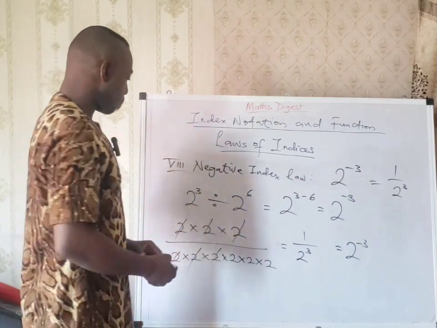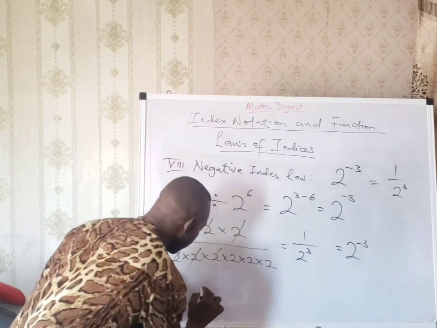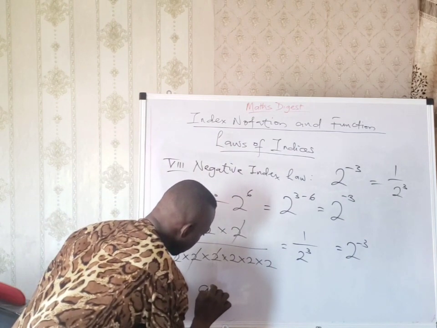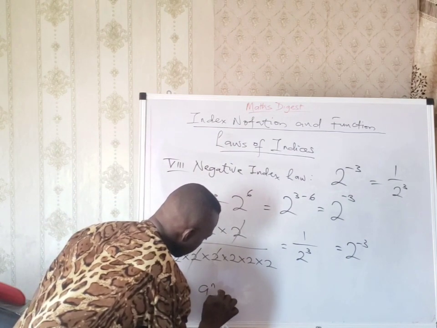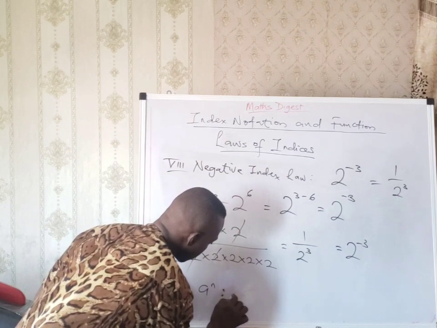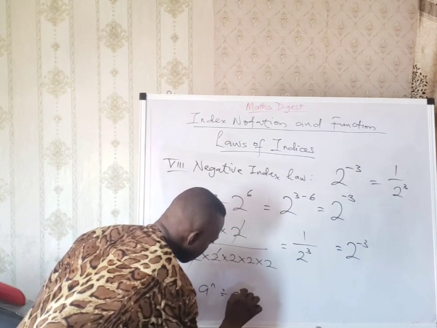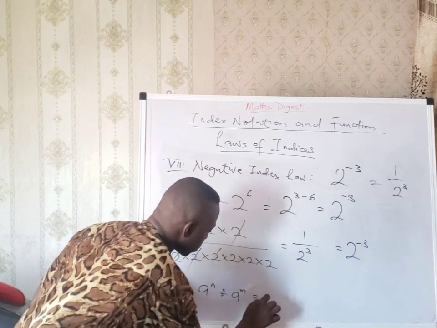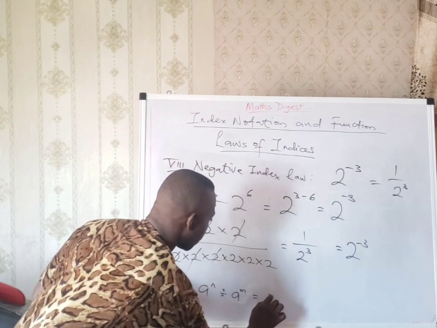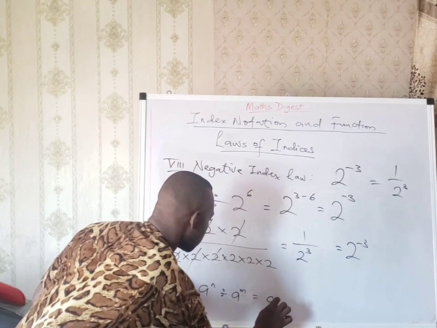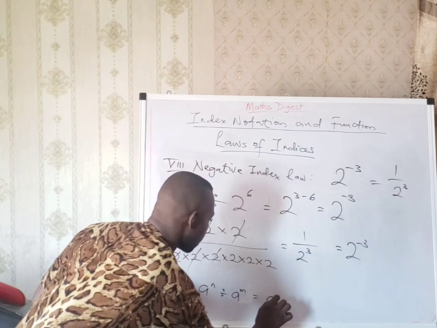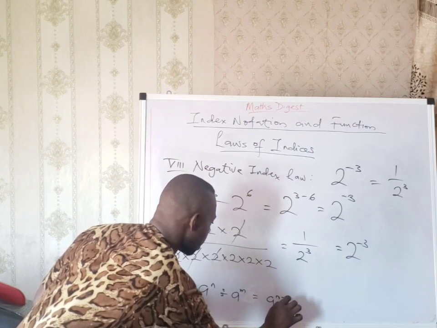Simply, we can say in general, if you have a raised to power n divided by a raised to power m, this will simply give you a raised to power n minus m.